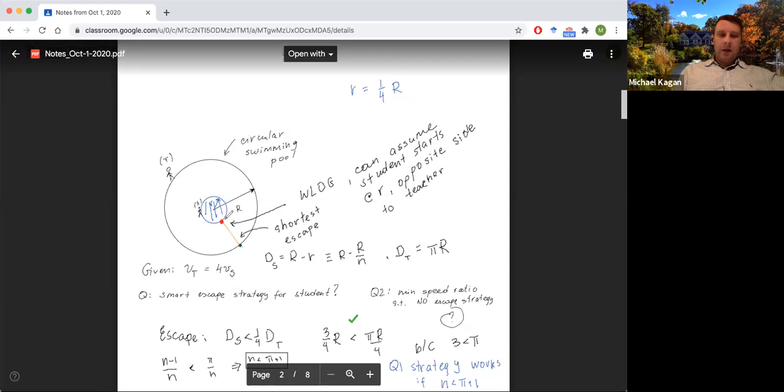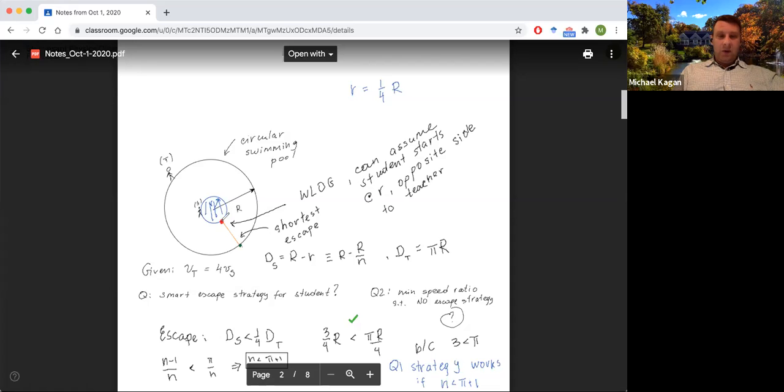Okay, and then is it clear that there is no point for student to swim any slower than 1 over n? It makes sense for student to always swim at his maximum possible speed. Is that clear? And that actually simplifies math a lot. So you assume that student always swims at that particular speed, and he only basically just chooses direction in which to swim.